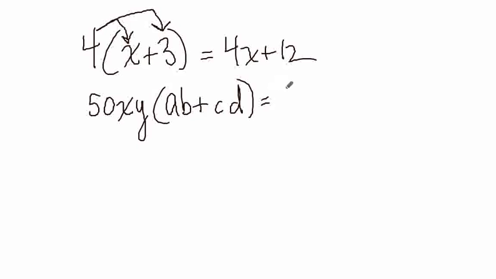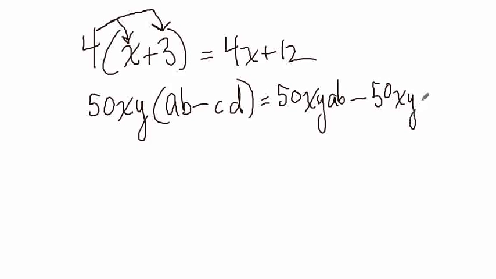So you would get 50xy AB. And let's say, just to make it different, that I had a difference this time. So now on the second blob I have minus the product 50xy times CD. So that's all well and good.